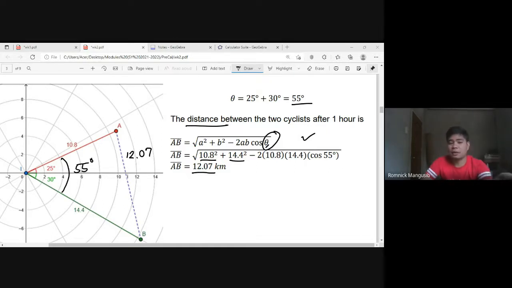Ano ang gusto ninyong malaman sa ganitong problem? Ano ang hindi ninyo pa naintindihan? Ano ang dapat nating ilinawin? 10 seconds. Raise your hand if you have questions. I'm waiting. Sige na, huwag kayong mahiya. Pwede kayong click the raise hand button at the lower portion of the middle to recognize you. 5 seconds.